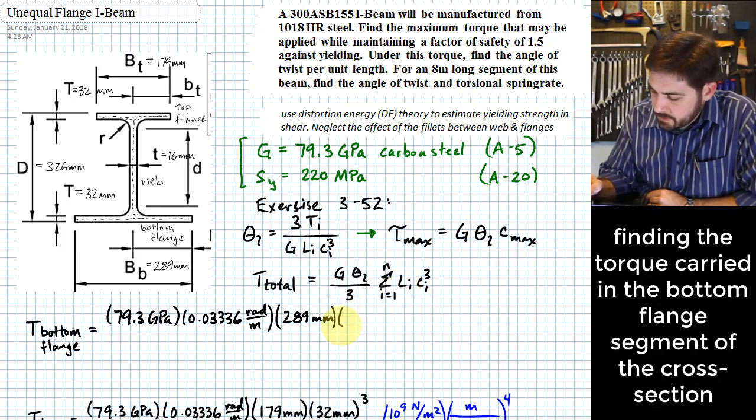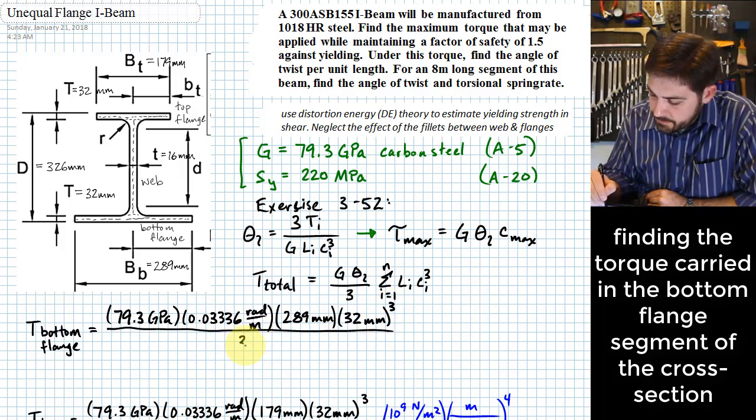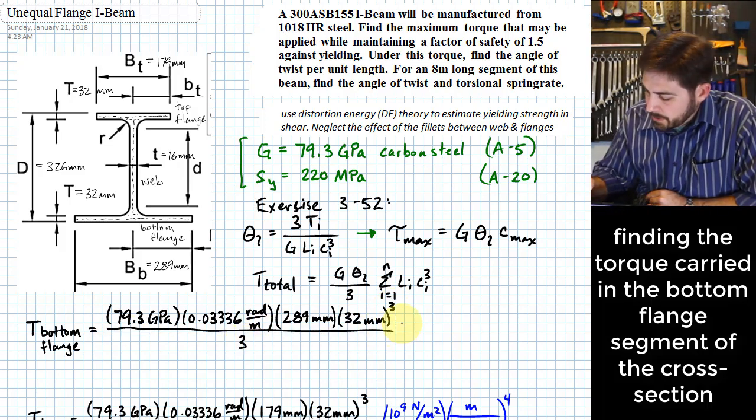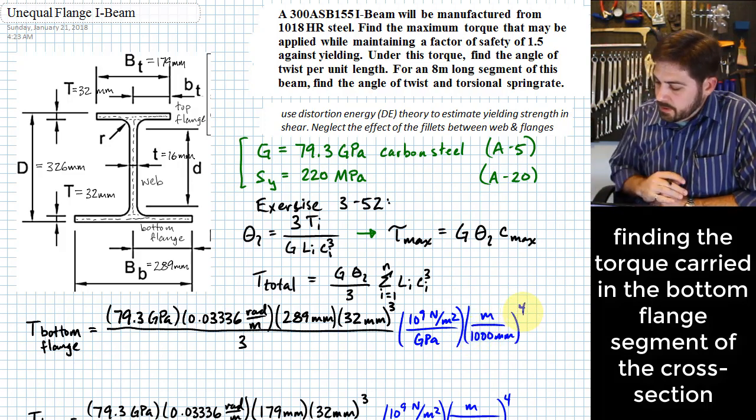And then the last parameter there is the thickness of that flange, which is going to be 32 millimeters, and that's taken to the 3rd power. All of this gets divided by 3. We apply the same conversion factors we did a second ago. 10 to the 9th newtons per square meter is a gigapascal, and a meter per 1,000 millimeters is what we do to take care of the millimeters.